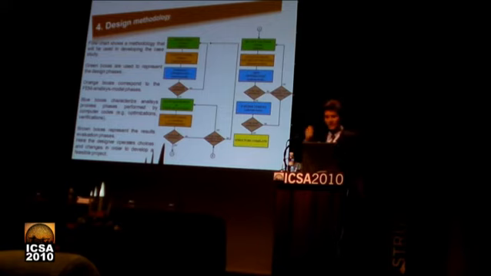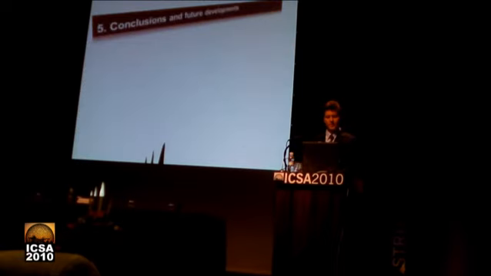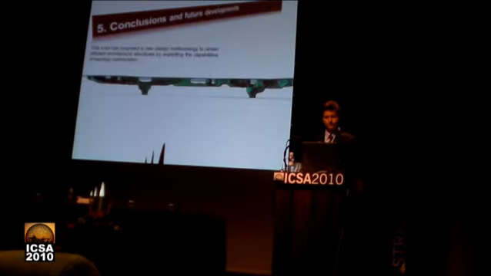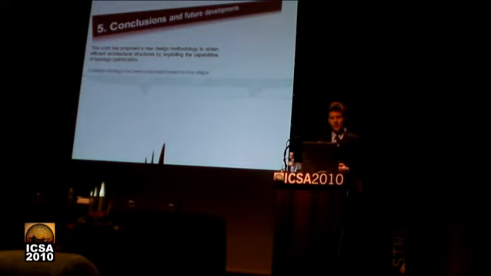But my research is strongly oriented to the designer, to the control of the process by the architects and engineers, not only following a CAD or CAE procedure. So this work has proposed a new design methodology to obtain efficient architectural structures by exploiting the capabilities of topology optimization.